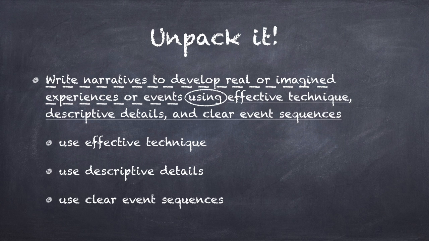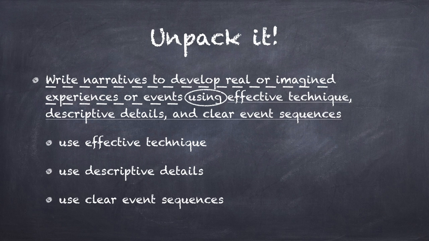So, for the main activity, which is to unpack a standard, I chose to look at a couple of the substandards, but first, the main standard, which is write narratives to develop real or imagined experiences or events using effective technique, descriptive details, and clear event sequences. In this standard, I think that the concepts, or the main idea, is underlined.